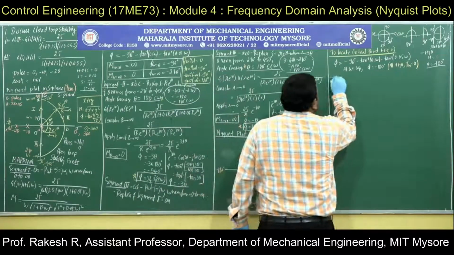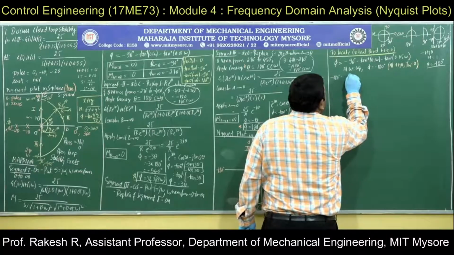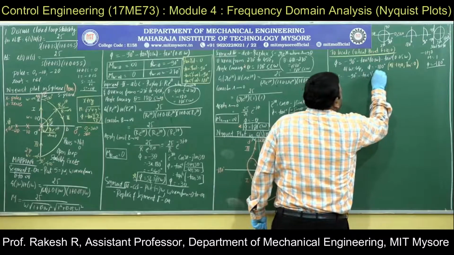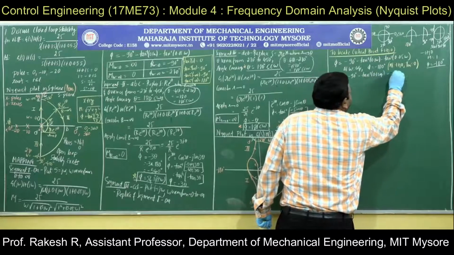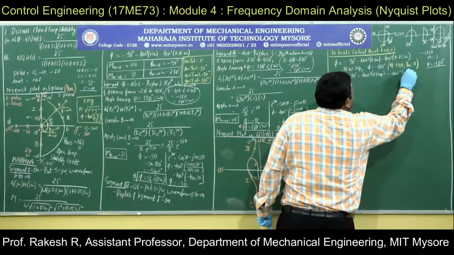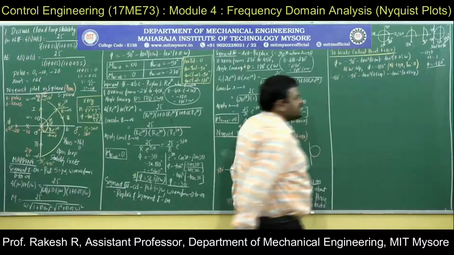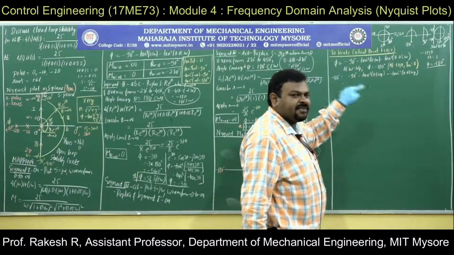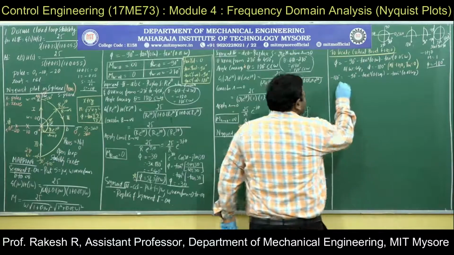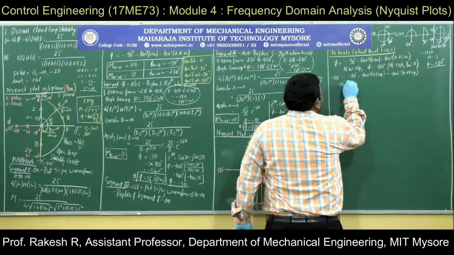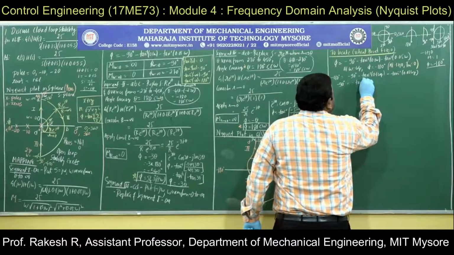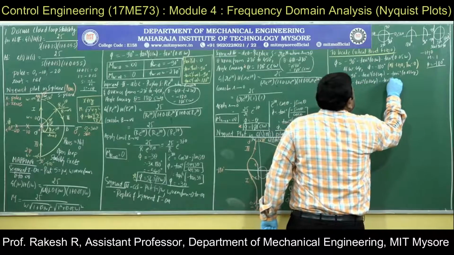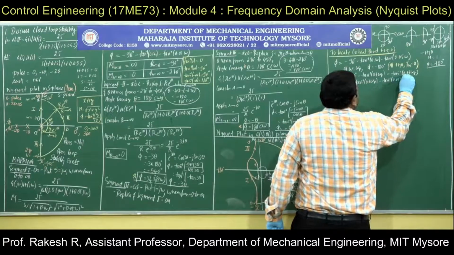So -180 degrees will be equal to -90 minus tan inverse of 0.1 omega p minus tan inverse of 0.05 omega p. This is the condition. Then I will shift the 90 here: -180 plus 90 is -90, equal to minus tan inverse of 0.1 omega p minus tan inverse of 0.05 omega p.